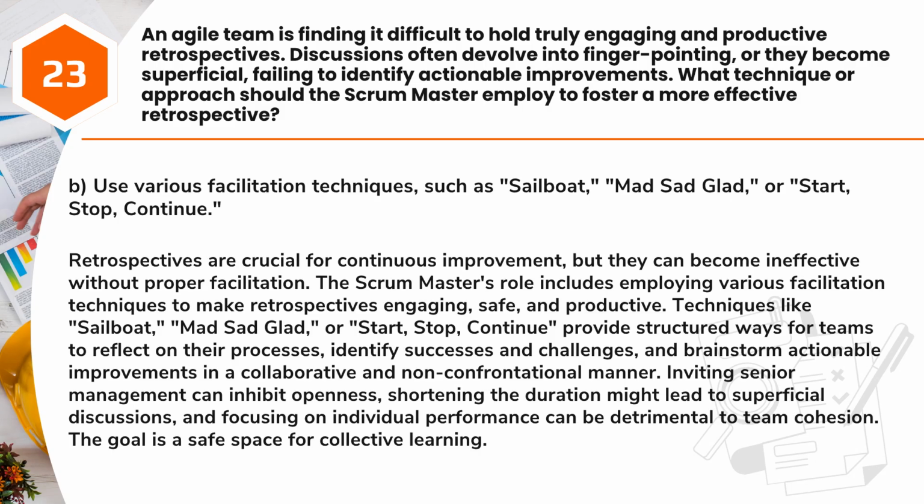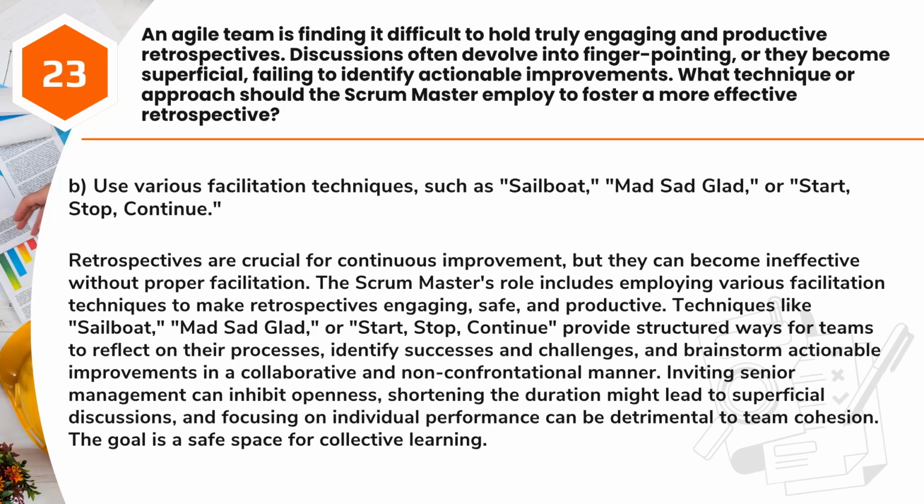Answer: B. Use various facilitation techniques, such as sailboat, mad, sad, glad, or start, stop, continue. Retrospectives are crucial for continuous improvement, but they can become ineffective without proper facilitation. The Scrum Master's role includes employing various facilitation techniques to make retrospectives engaging, safe, and productive.